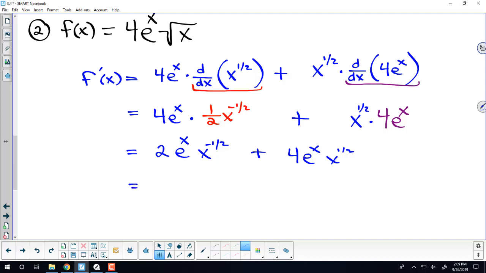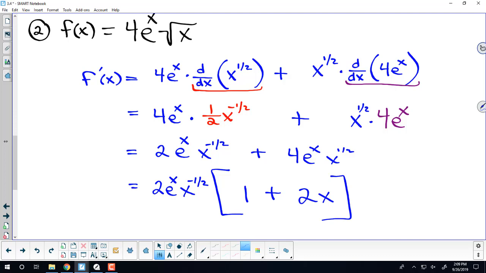The greatest common factor is 2e to the x times x to the negative 1/2, so you could have factored that out if you were feeling ambitious. Is it okay to leave that x to the positive 1/2 as square root of x? Yeah, and again, somebody could have this as 1 over 2 root x. You could have this represented as root x.